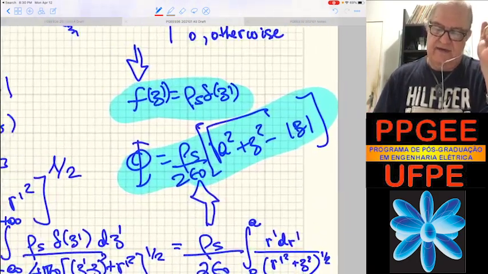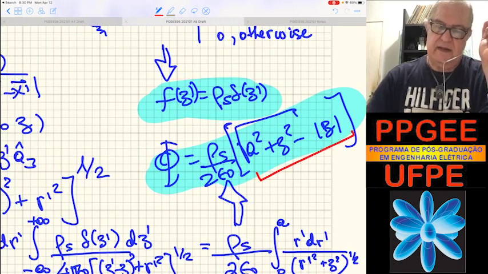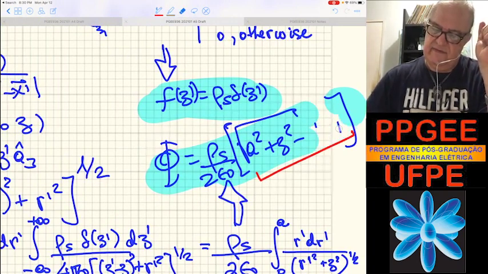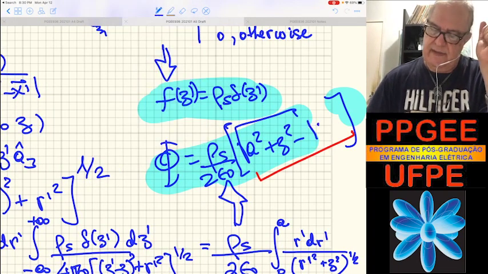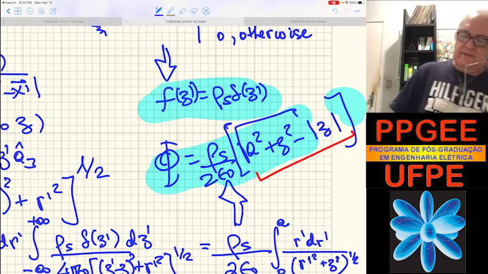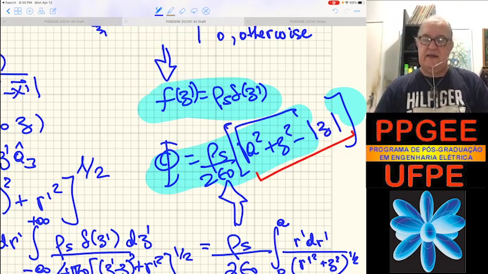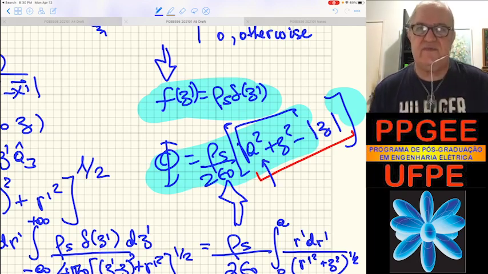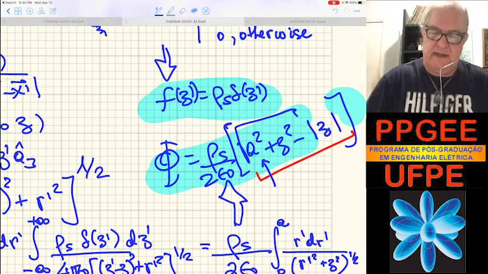So that's why we have this result. Okay. Just fix here. Magnitude of z. So that's how the potential behaves. Notice that if I increase the radius of the disk very much, I can take the limit as a goes to infinity. This goes to infinity, this part here, right?